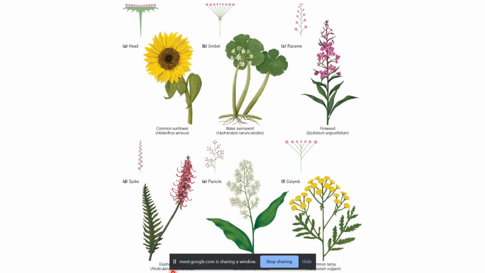And you can see examples here also, like sunflower is actually a head, and water pennywort is an umbel, and fireweed is a raceme. Then the elephant heads are the spike. So elephant's heads have flowers that represent the nose of the elephant.